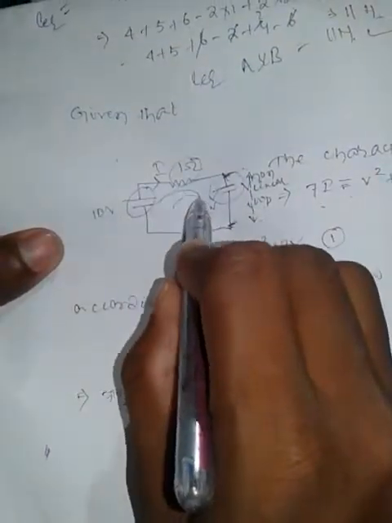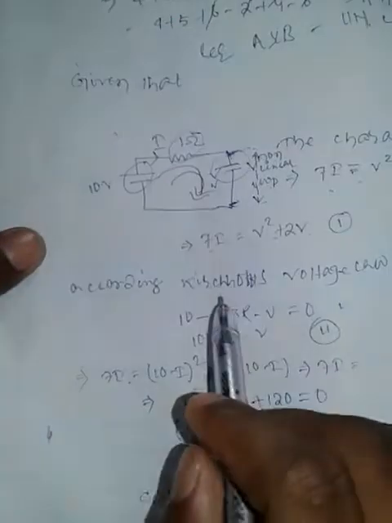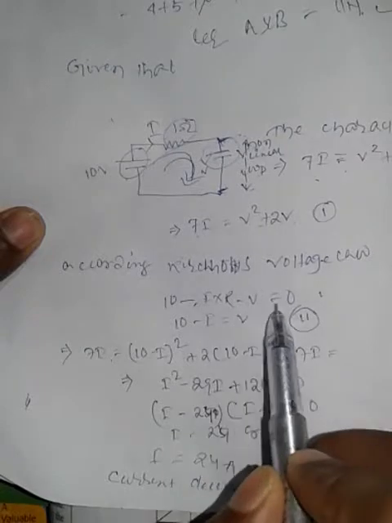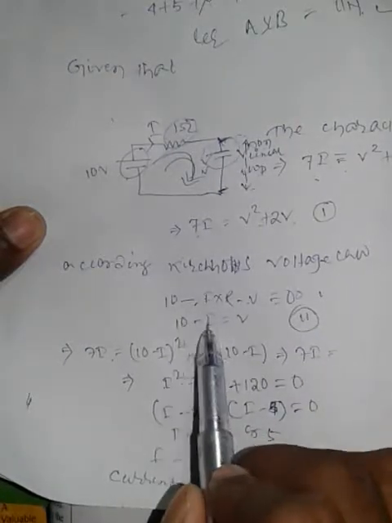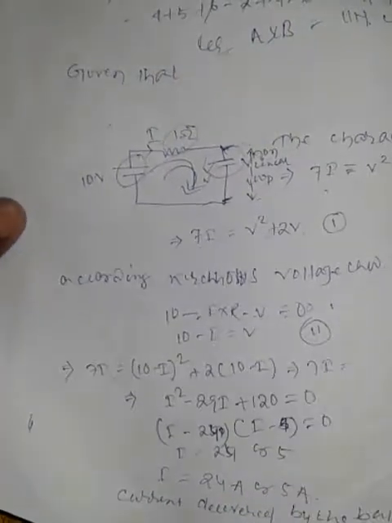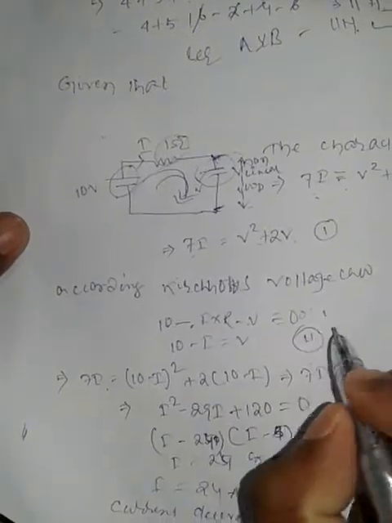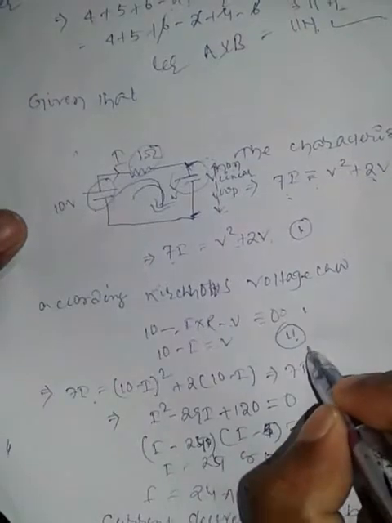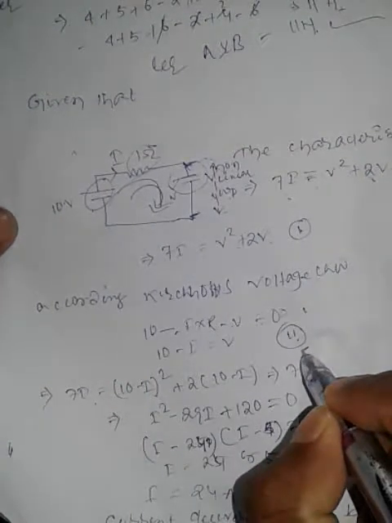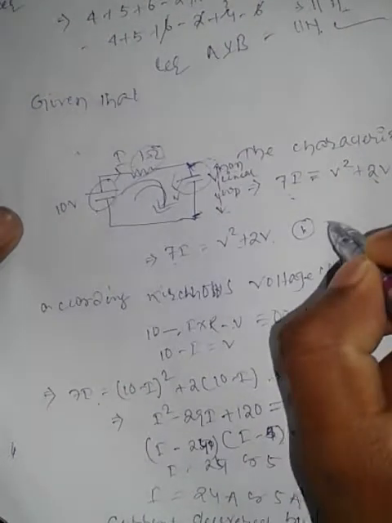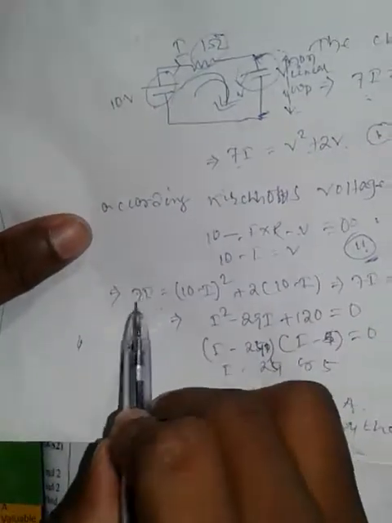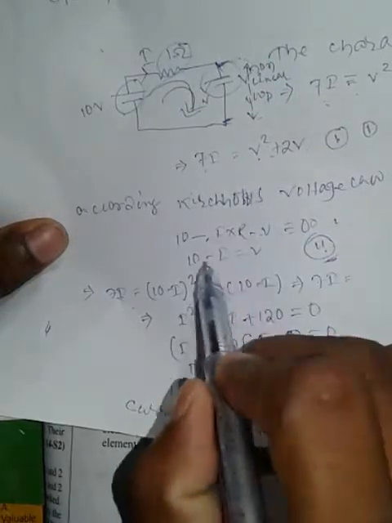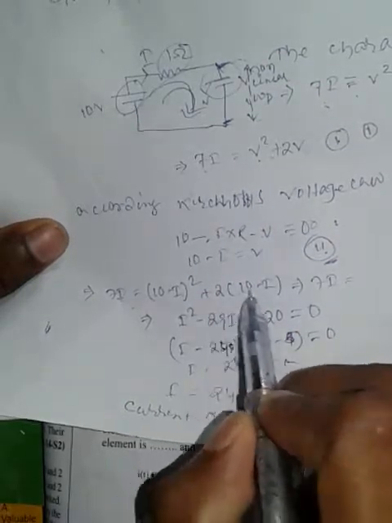Let's apply Kirchhoff's voltage law. So 10 minus IR minus V equals 0, so 10 minus I equals V. Take this as equation 2 and the other as equation 1. Putting equation 2 in 1, we get 7I equals, in terms of V, (10 minus I) square plus 2 (10 minus I).